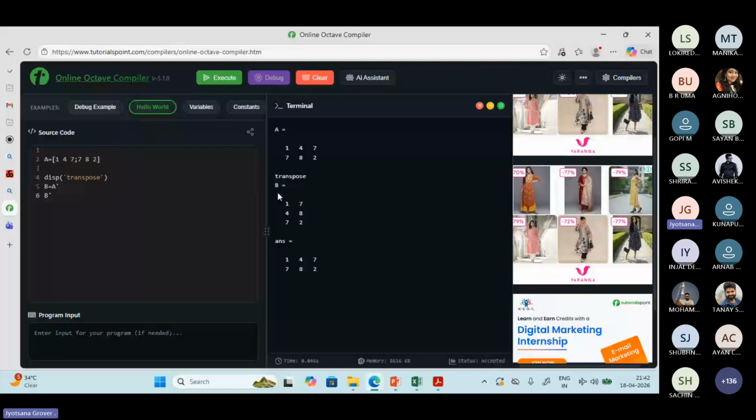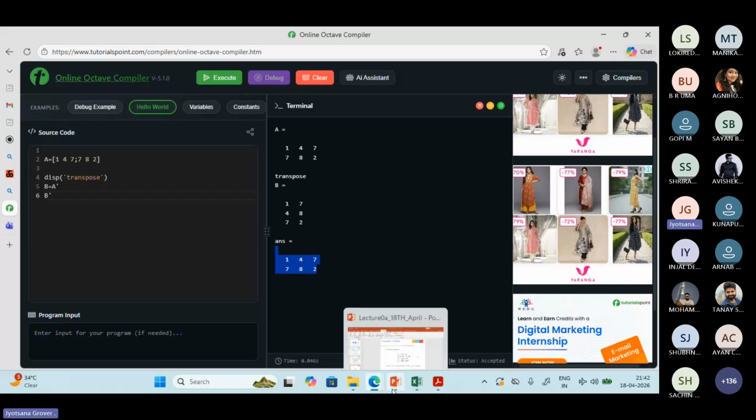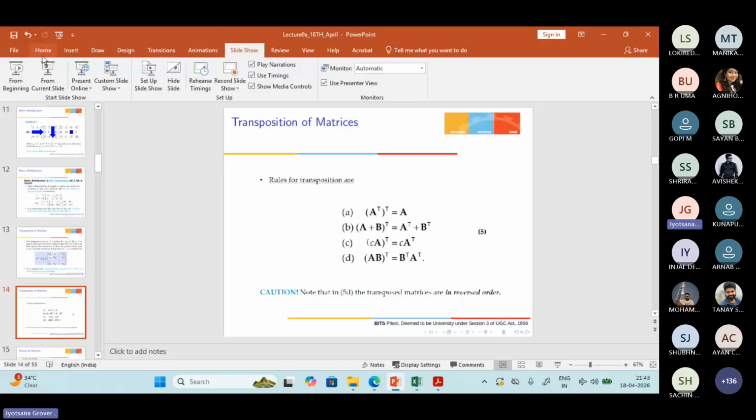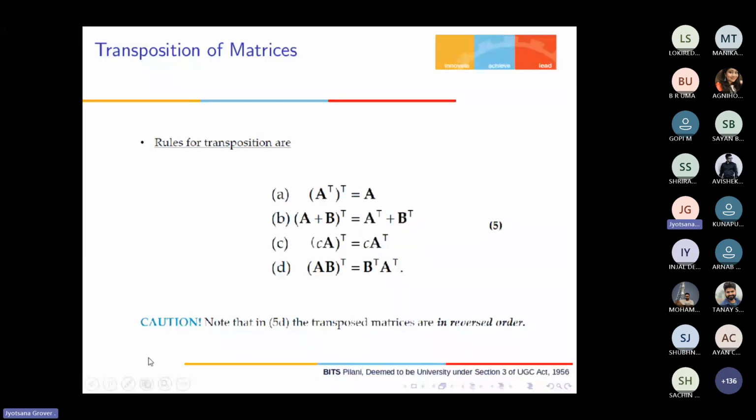So basically this is B, and you are taking its transpose. Right? So here what we did was, we have A. Then we compute A transpose. This is same as B. Now you take B transpose.